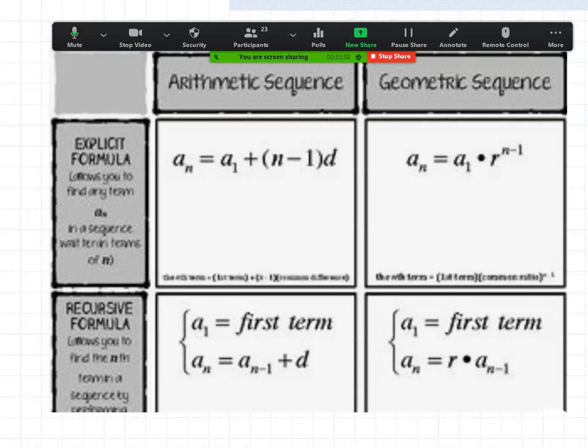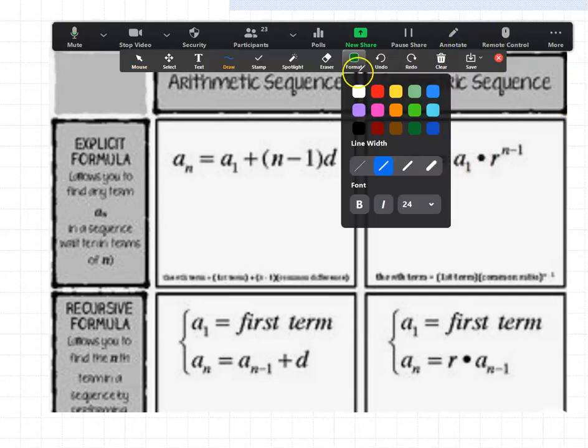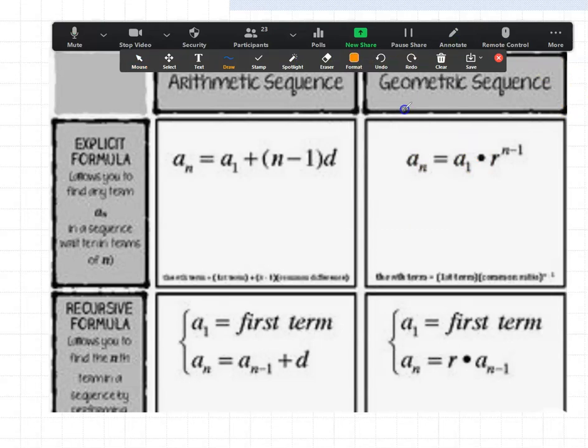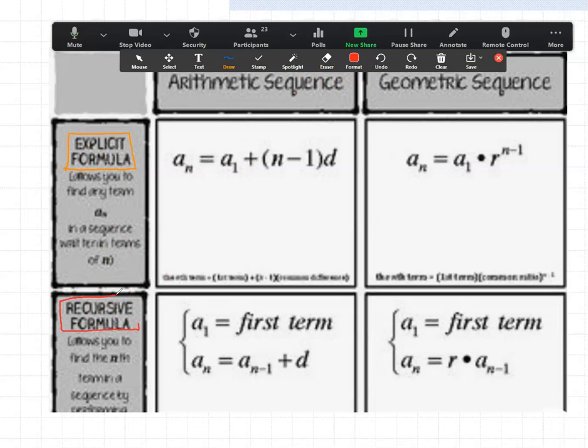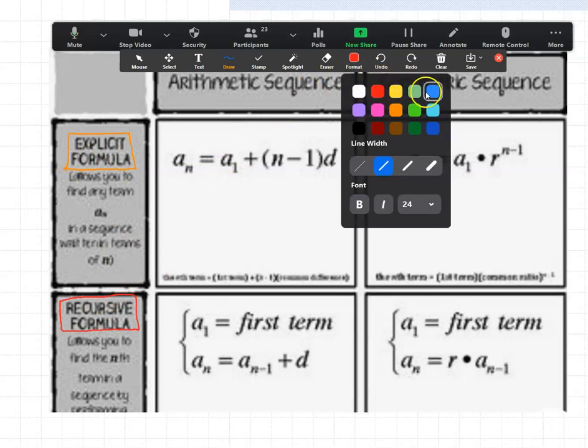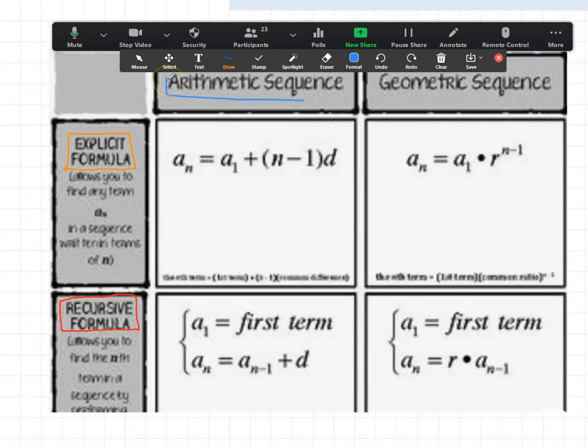This picture is way blurry, but let me just show you what we have here. This is probably the most important slide. Let me explain what you're looking at. You have explicit formulas and recursive formulas, and then you have arithmetic sequence and geometric sequence.